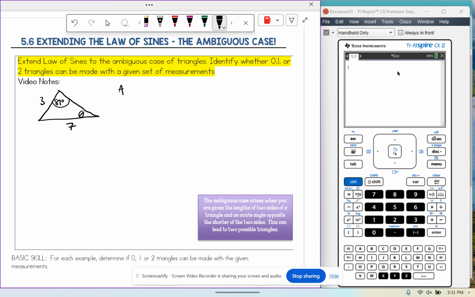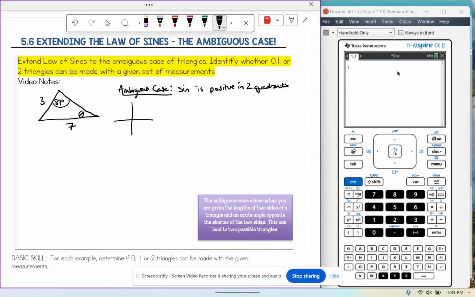So the ambiguous case rests upon the concept that sine is positive in 2 quadrants.